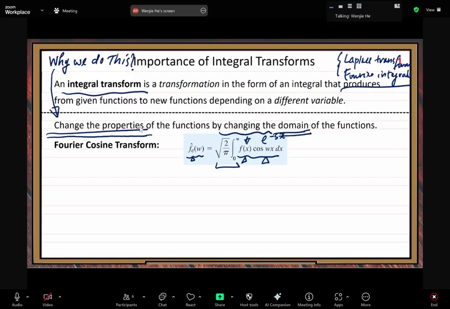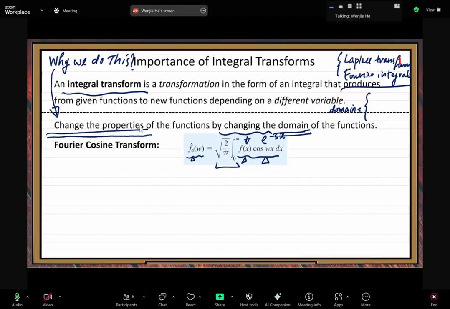Because in real-world applications, when you represent some phenomenon using some function, you have some concrete domains in real-world situations. So let me talk about the domain concept in our real-world function representations. Some function, for example f of x here.